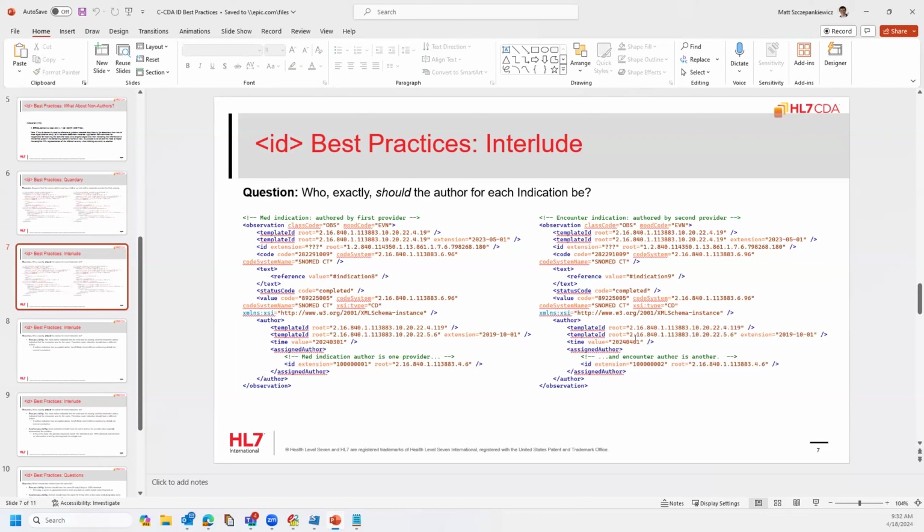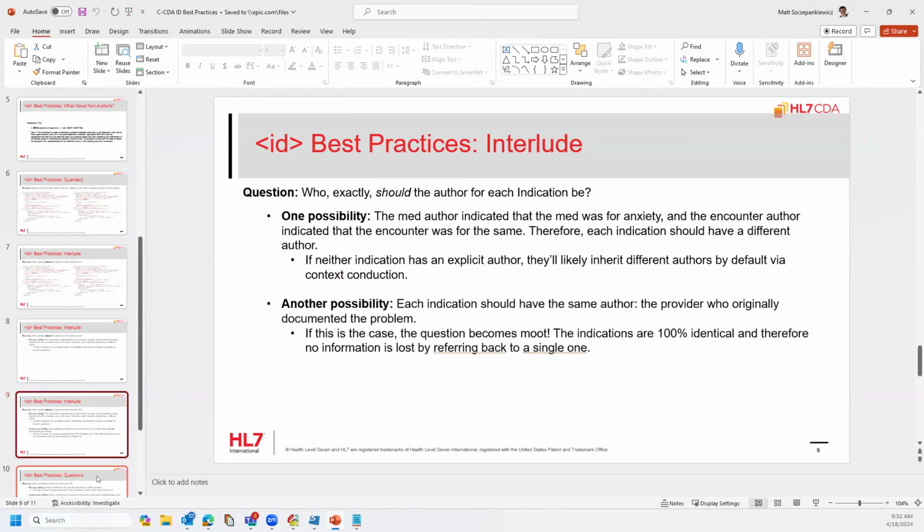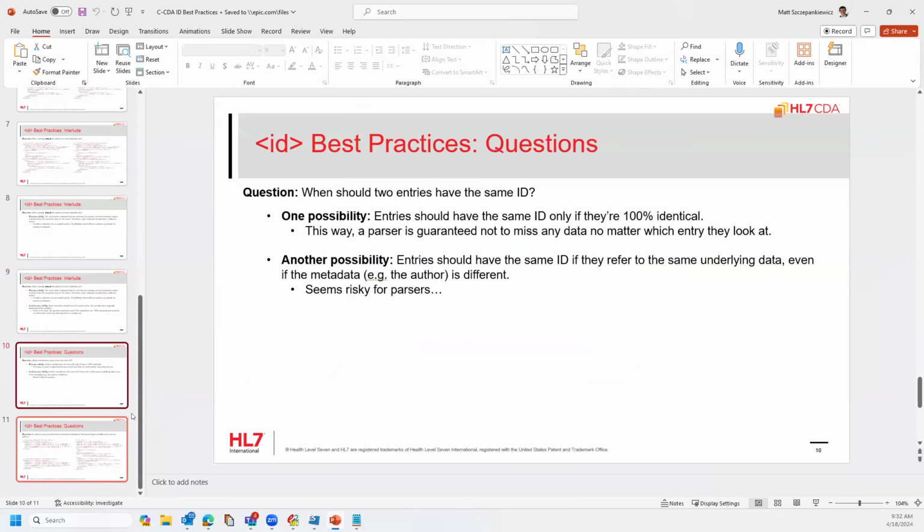And for what it's worth, I'm inclined to agree with that perspective. My overall feelings about this are pretty finicky. Like I was asking before, when do we think that you should even have two things with the same ID at all?